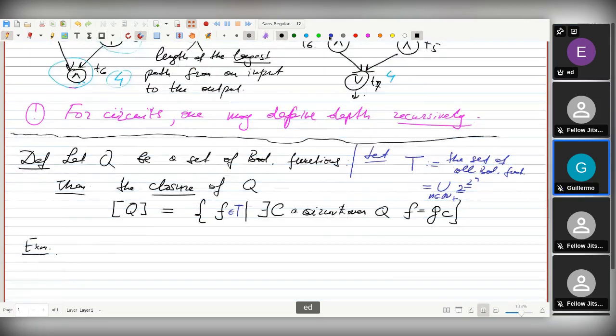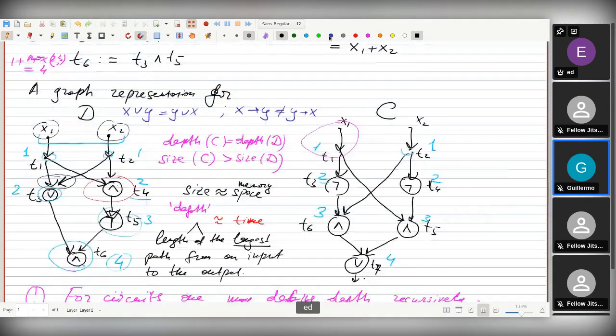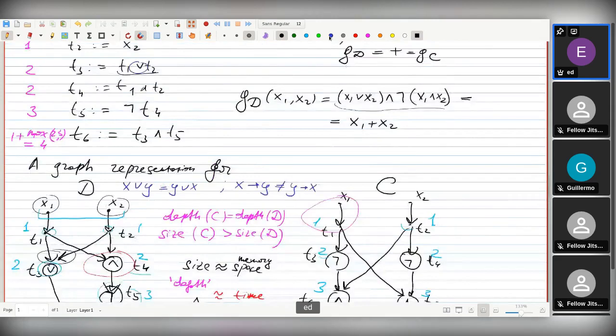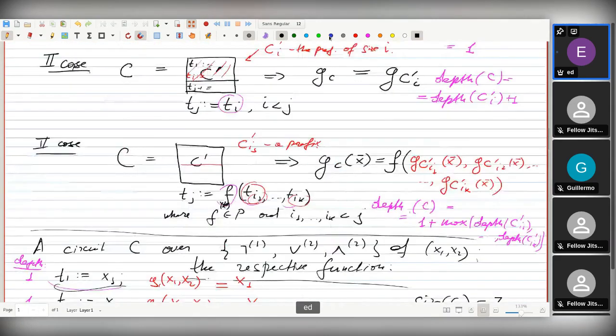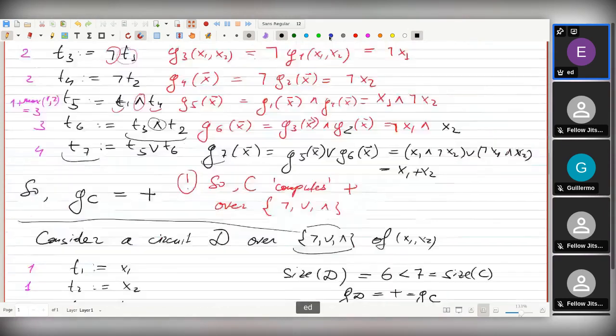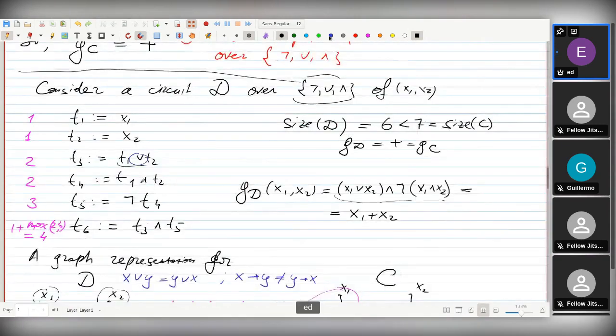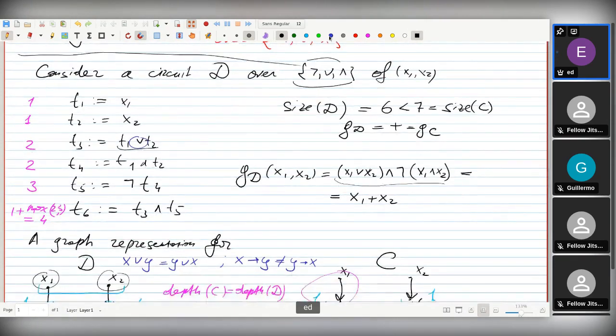Yes. Look, earlier we computed addition with 2 circuits, C and D. And both these circuits were circuits over disjunction, conjunction and negation.